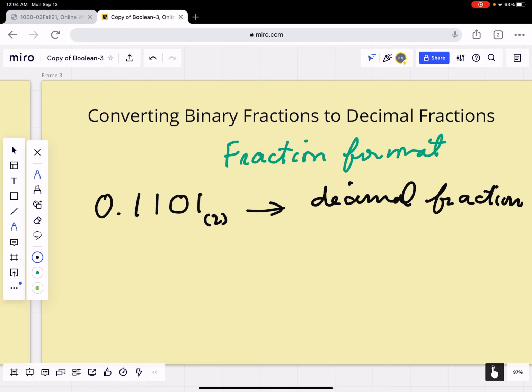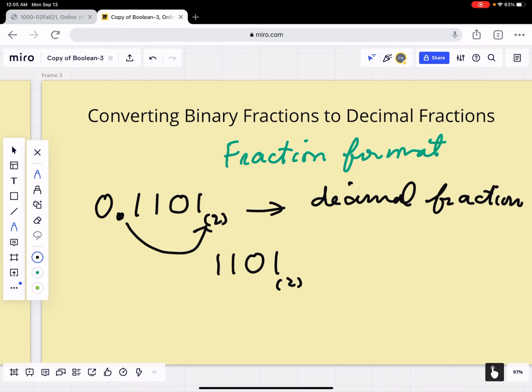You just count how many places you move the binary point to your right. So you got 4 digits to your right, and so it becomes 1101. Now you look at the place value for this number.